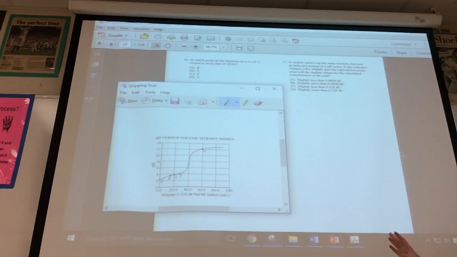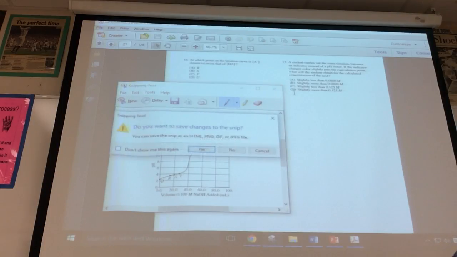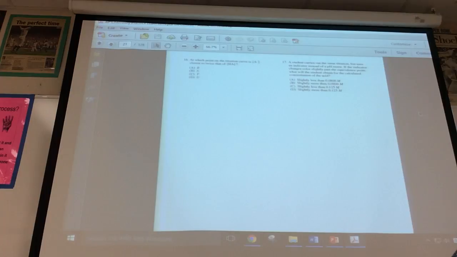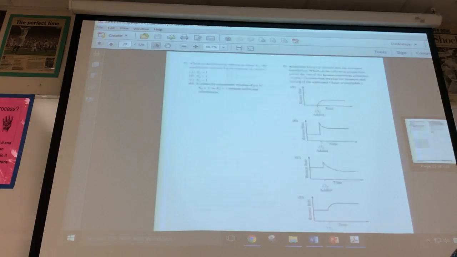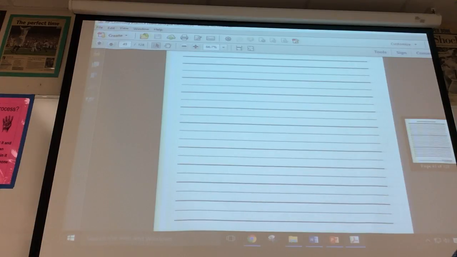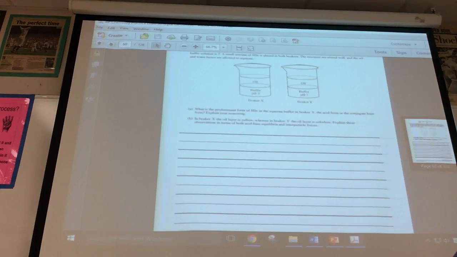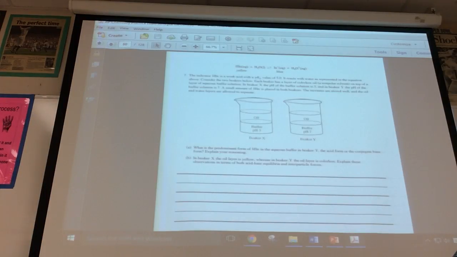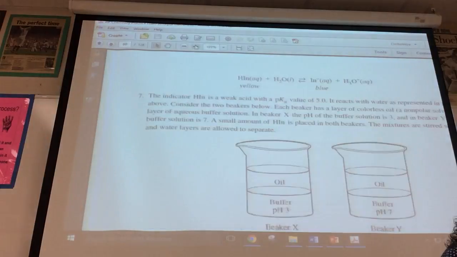All right? The other question that I wanted to hit is also in here, and this was a part 2 question. I did this with period 7 early, and I held it on you guys because they didn't really get it, and I think it's because they didn't have a good grasp of Henderson-Hasselbalch yet.